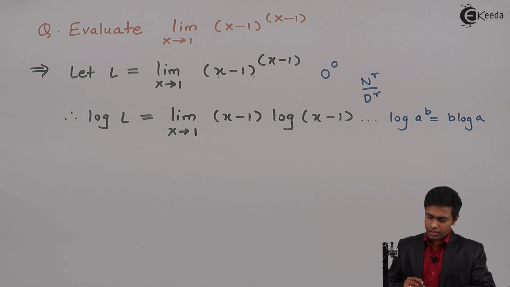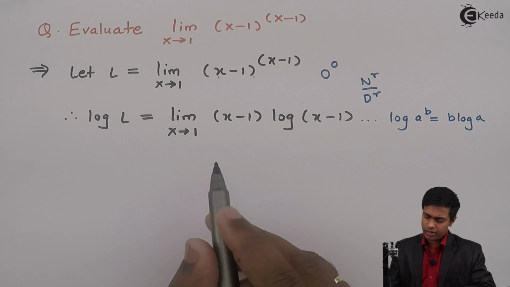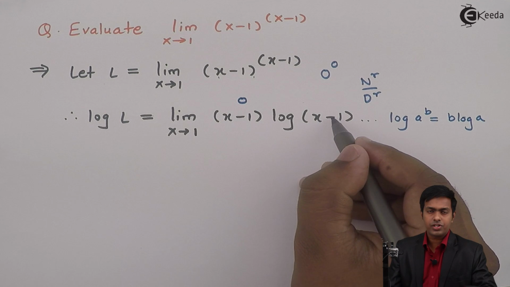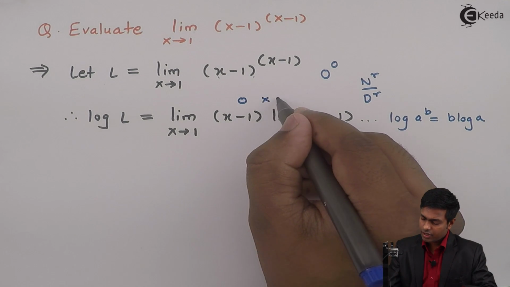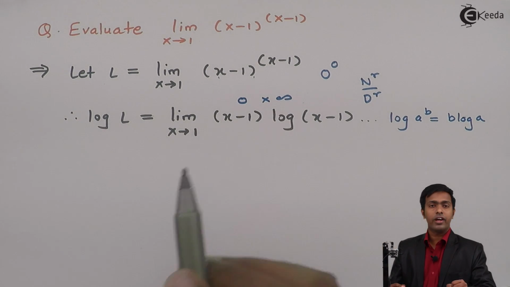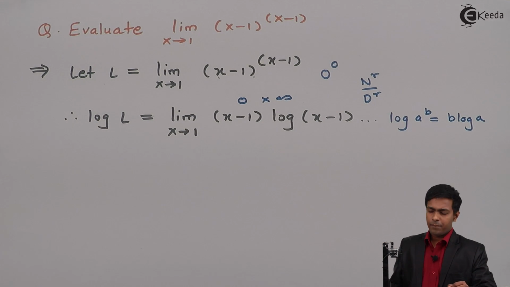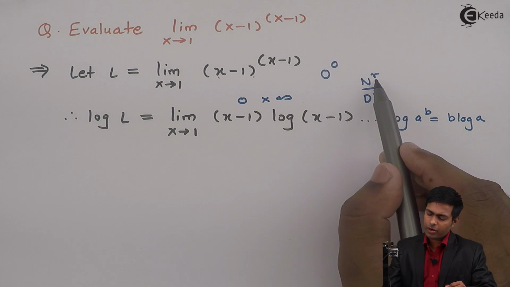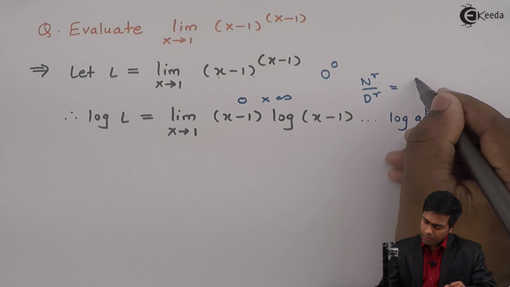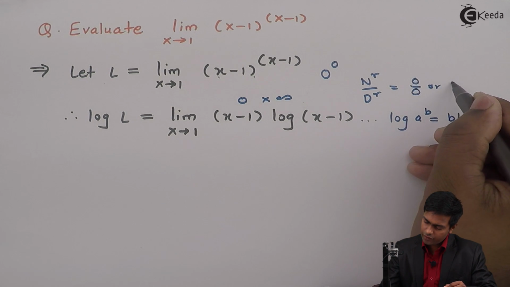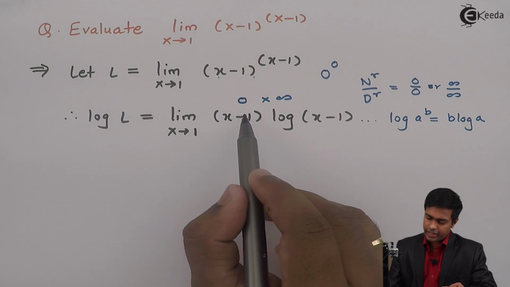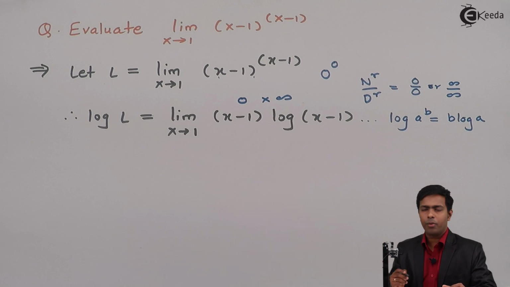Now if we substitute x as 1 over here, then here we will get 1 minus 1, that is 0, and here we will get 1 minus 1, that is 0, and log of 0 is infinity. So we are getting the form 0 into infinity. Now to bring this function in the form numerator upon denominator and to make it a form 0 upon 0 or infinity upon infinity, I will take this (x minus 1) term in the denominator.